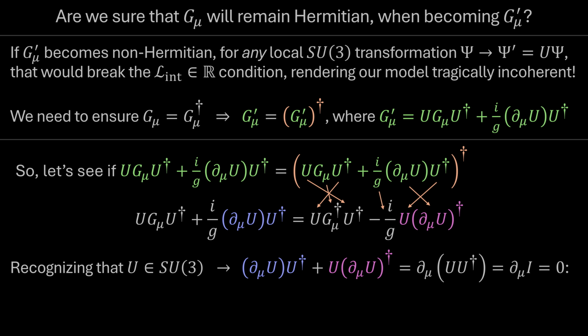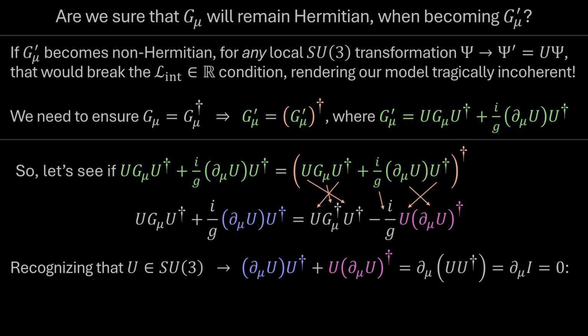So if you were to add this purple term and this pink term, and do an inverse product rule, you see that partial mu of U times U dagger plus U times partial mu U dagger equals partial mu of the product of U and U dagger, right? Because if you read it from right to left, that's the product rule. But then U U dagger, because U is an SU(3) matrix, is simply the identity matrix I. And so you end up with the derivative of the identity matrix, which is 0.